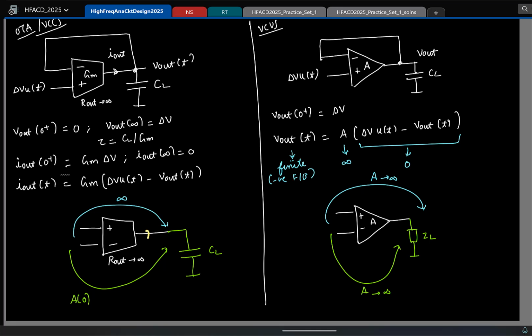Infinite, because for DC the capacitor is loosely an open circuit, so this is infinity. What can you say about the gain at infinitely large frequencies? 0, because the capacitor behaves like a short circuit.